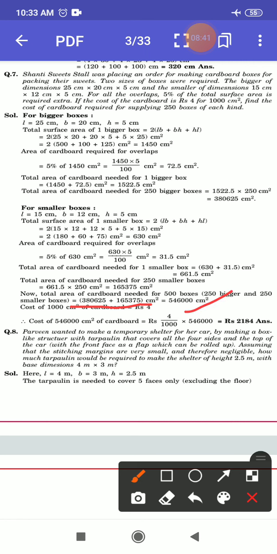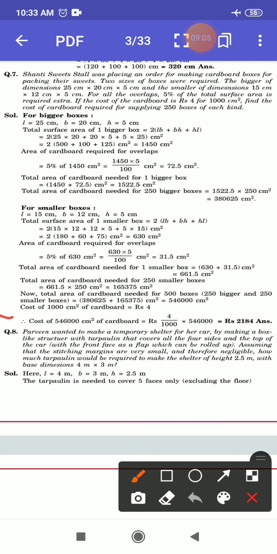This is the value of the big box and the 250 small boxes. Okay, so this is the cardboard required for making the 250 smallest and biggest boxes. So this value is 55,463.0 centimeter square, and then the costing is given here.